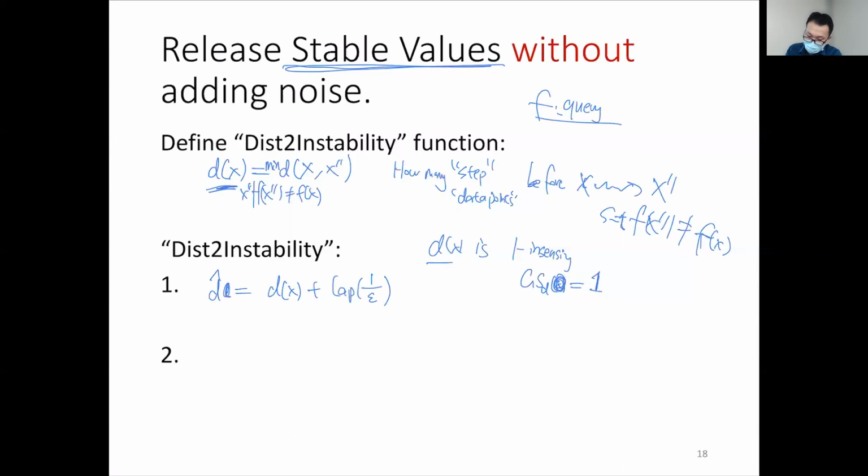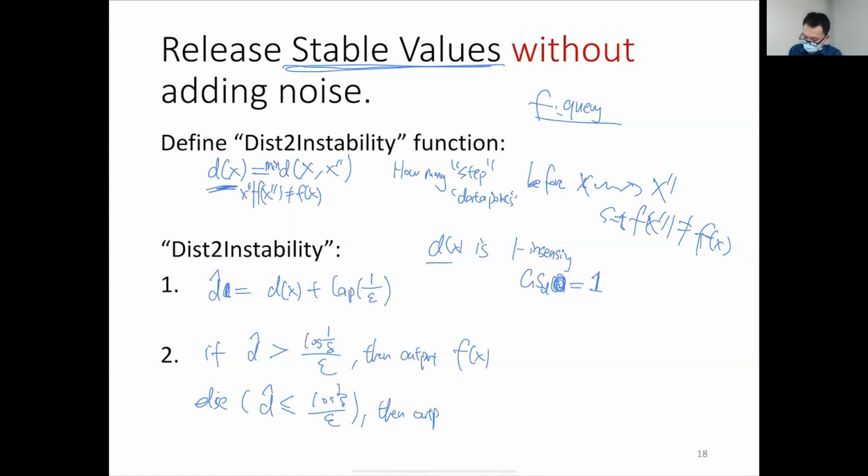And the second step says that if this d hat is larger than log 1 over delta over epsilon, then output f of x. Else, if d hat is smaller than log 1 over delta over epsilon, then output nothing. We use this symbol to denote nothing, right?